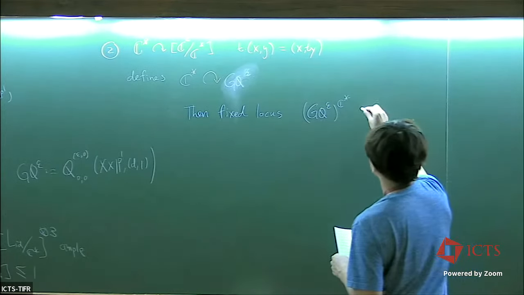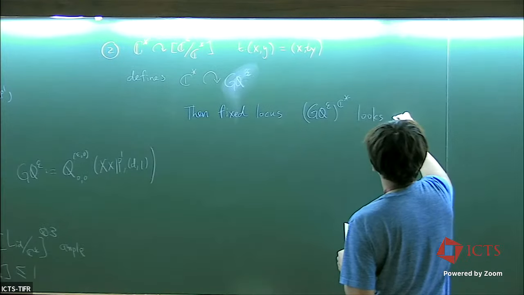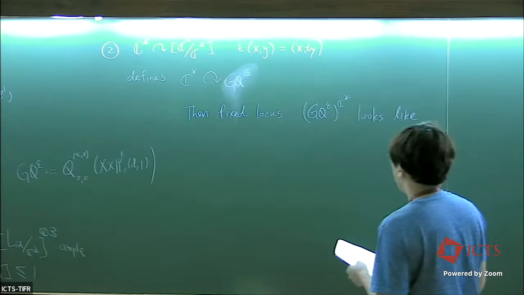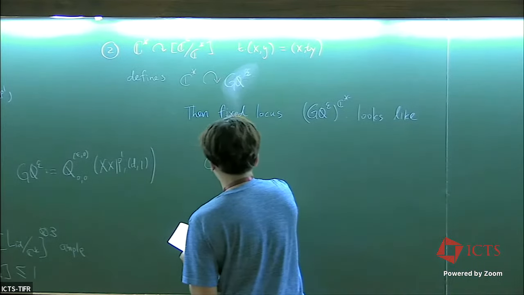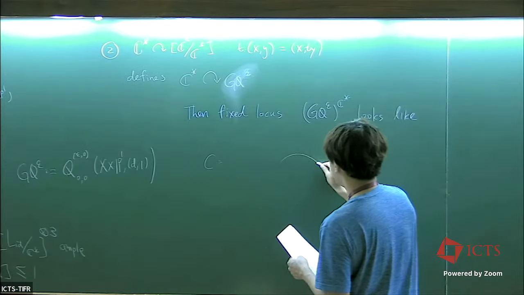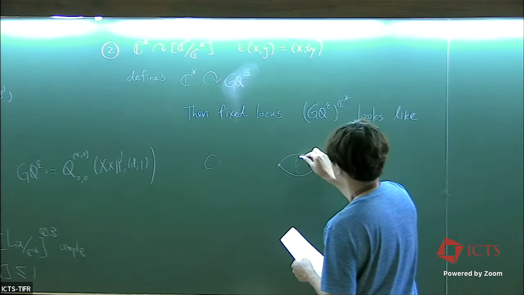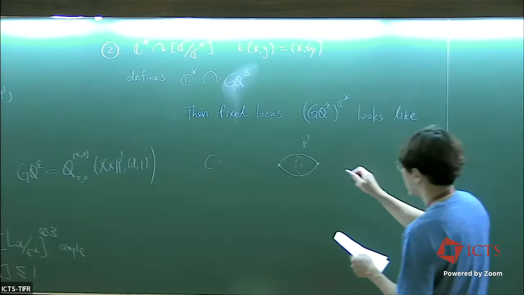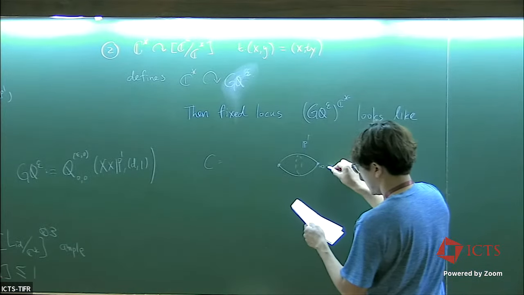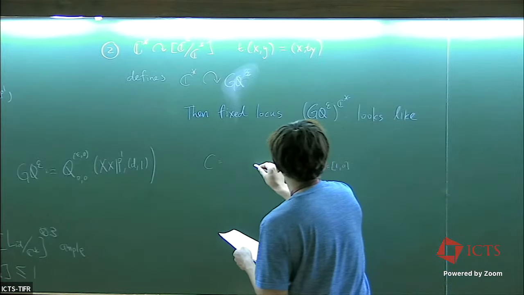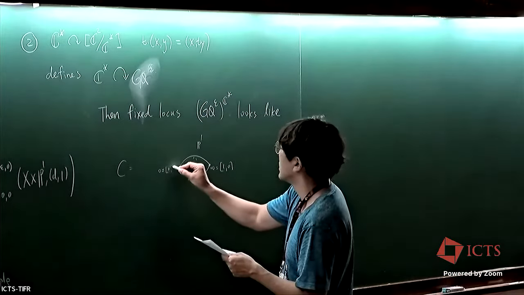The source curve looks like we have here P1, and this is infinity, which is (1, 0) and (0, 0, 1).